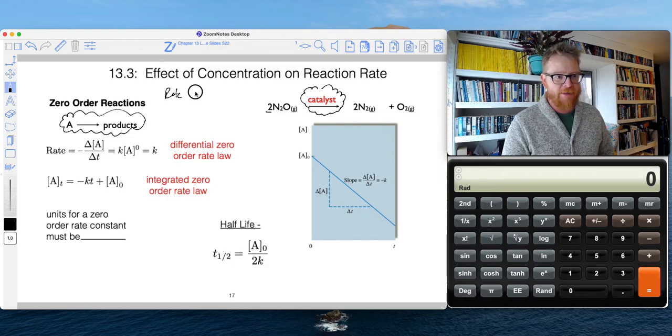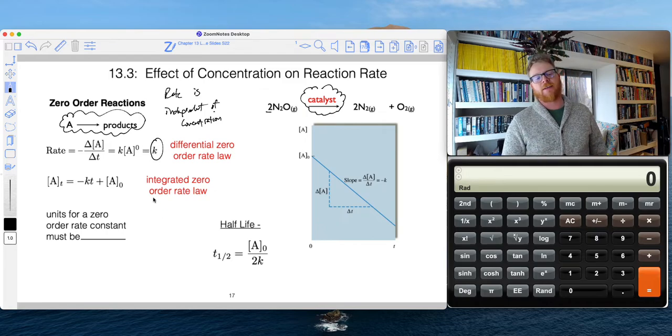So in other words, if we look at this rate law, rate equals negative delta A over delta T, which equals K times A raised to the zero power for zero order. We know anything raised to the zero power is just one. So the rate is only dependent upon the rate constant.